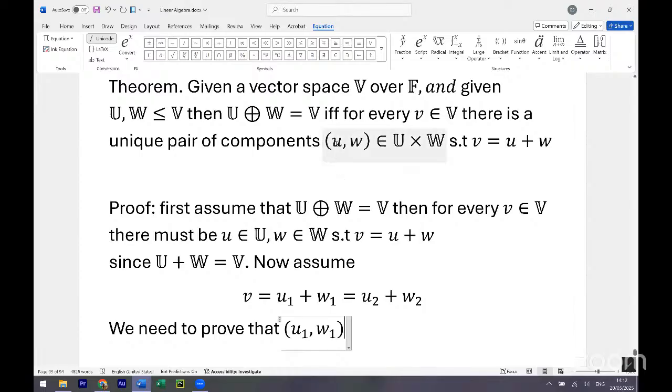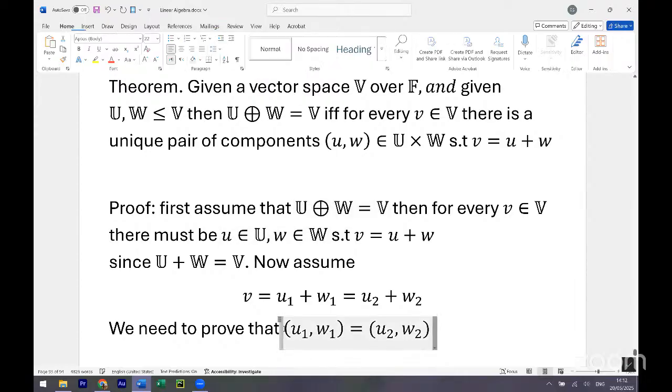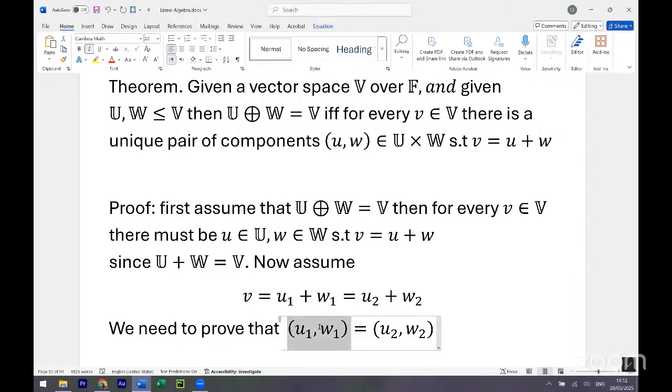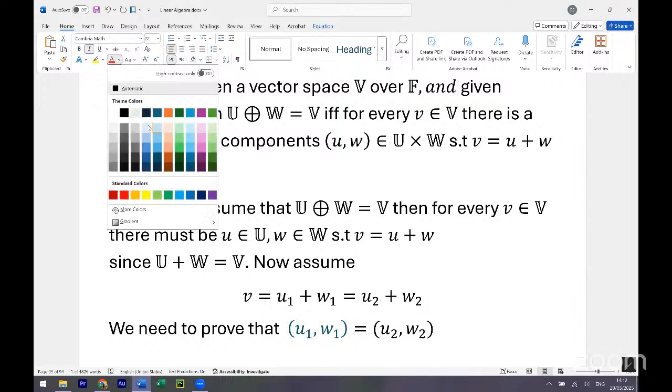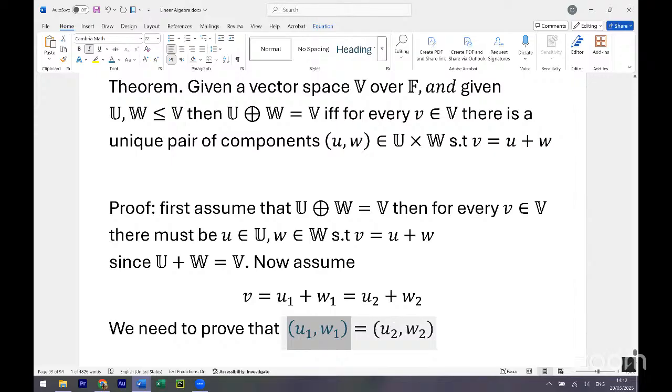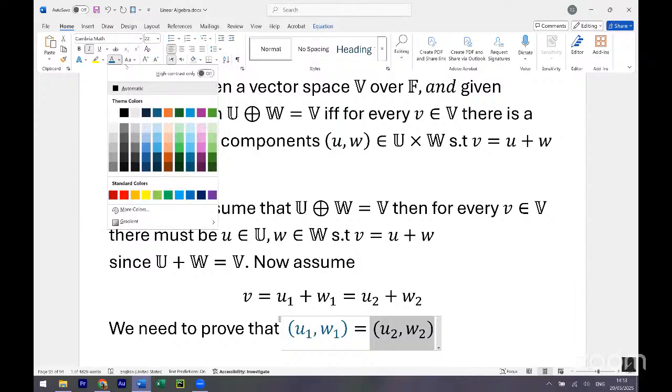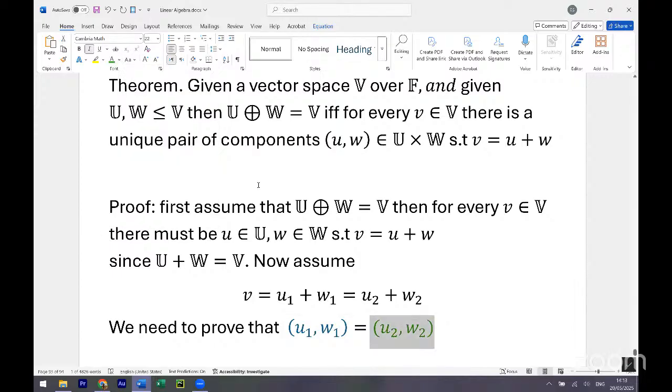But we wish to prove that there is a unique pair. So we wish to prove that it's the same pair. It's not really a different pair. The components are the same. This is like the blue forces, this is like the green forces, and I wish to say there is no blue and green, it's all the same. Okay, it must be the same pair.